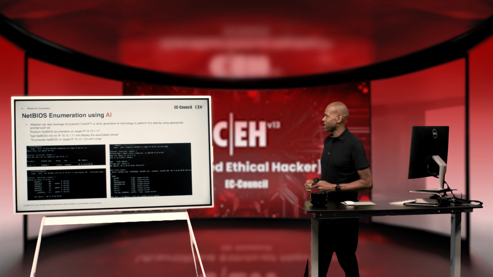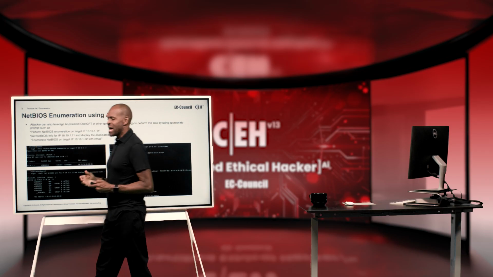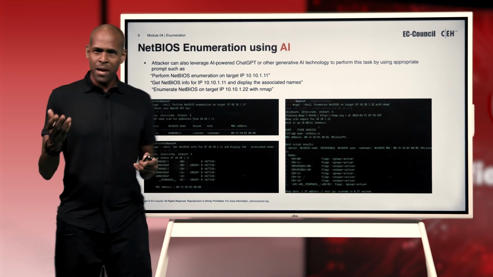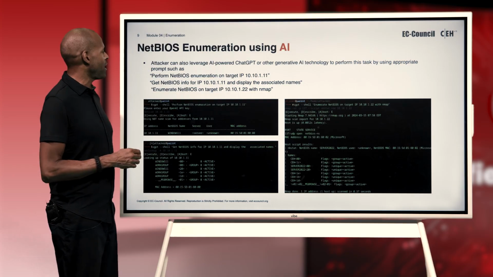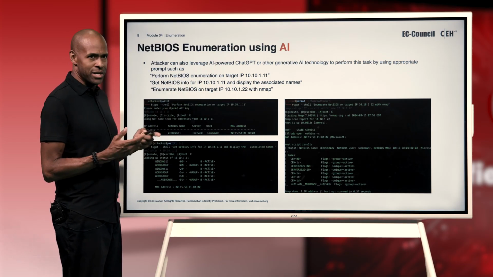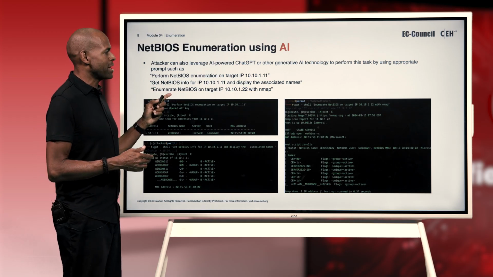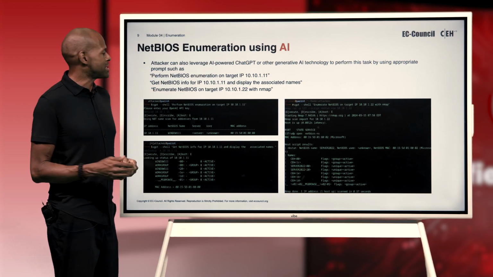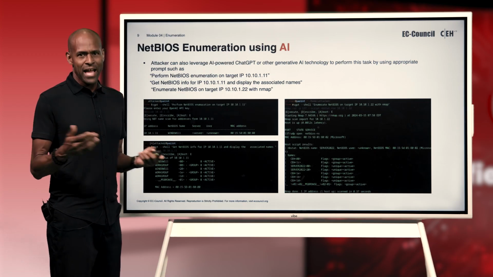All right, let's go over here and have a look at it. So what we're going to do in this case is ask the API, going back to ChatGPT, to leverage that technology and perform NetBIOS enumeration on a target. Another one is get NetBIOS info from a target and display the associated names. Enumerate NetBIOS on a target with Nmap.